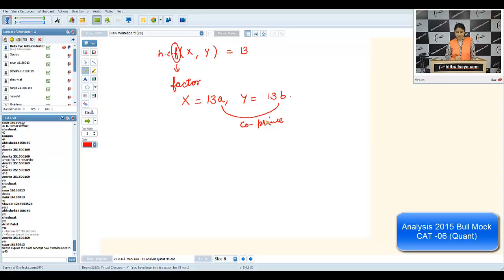Why so? It says highest common factor should be 13. It means except 13, there will not be any number which is shared between x and y. That's why a and b will not share anything except 1. That's why a and b should be co-prime to each other.